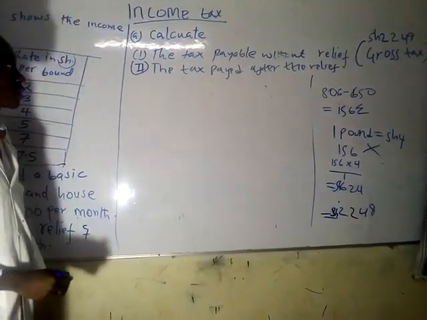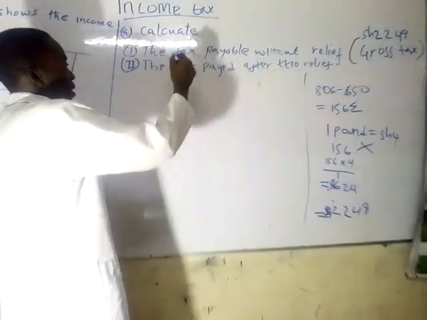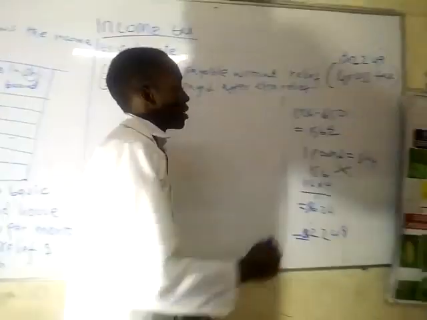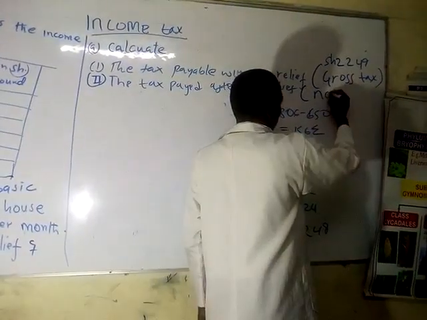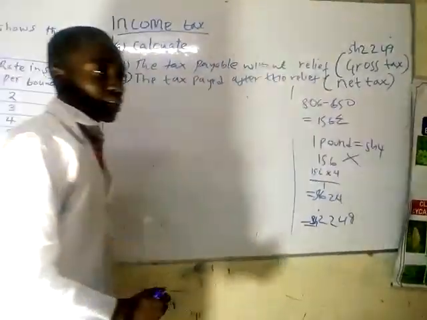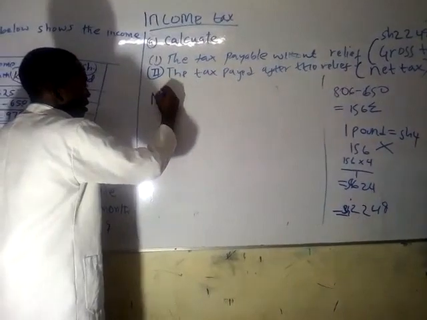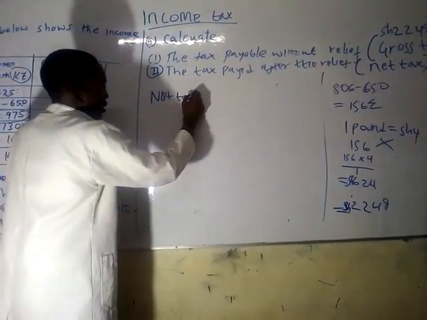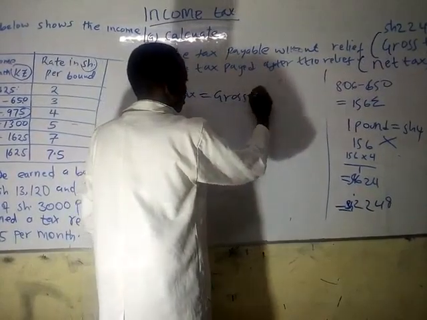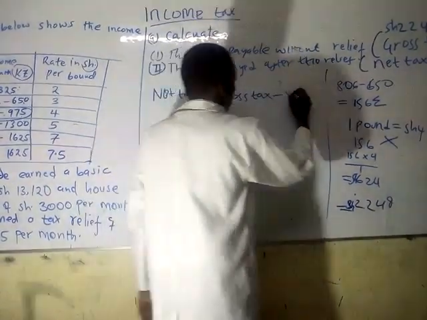The second question asks us to get the tax paid after the relief. Tax paid after the relief is also known as the net tax. And as I told you, net tax is given by gross tax minus the relief.